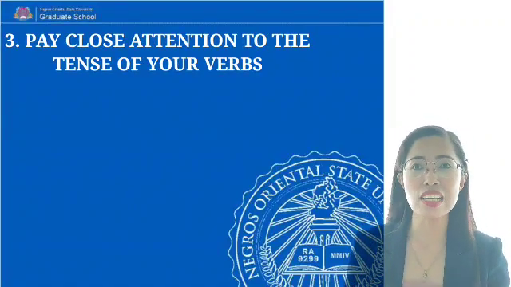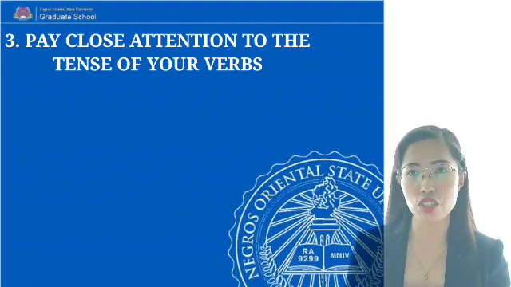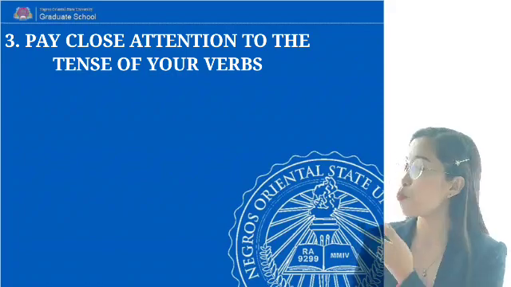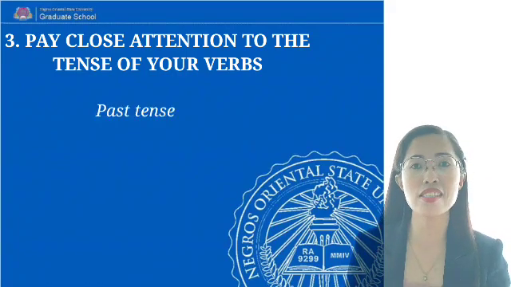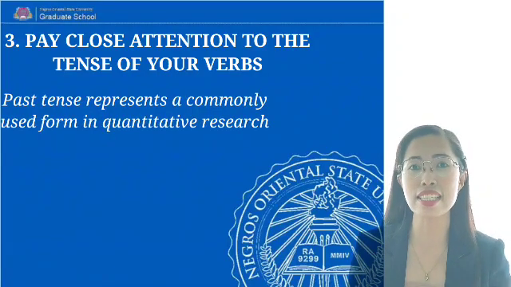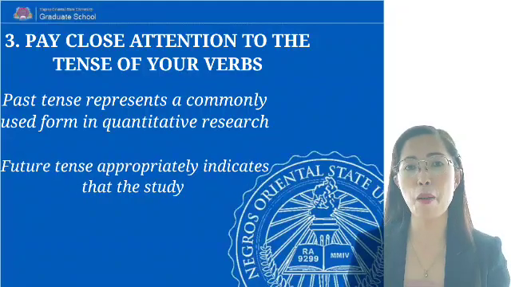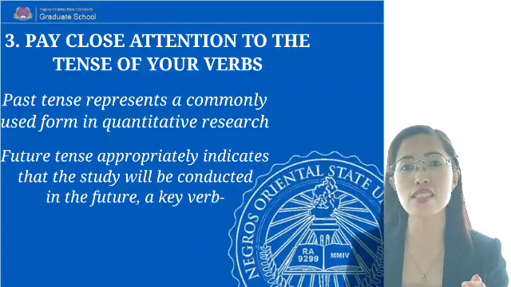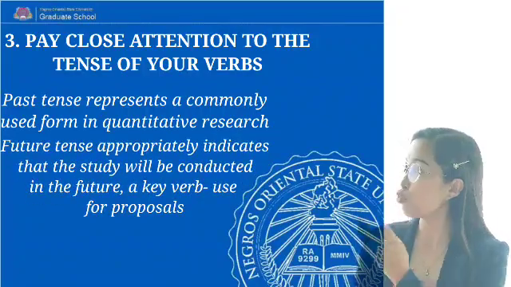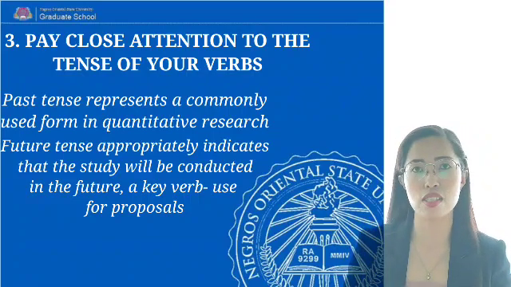A common practice exists in using the past tense to review the literature and report results of past studies. The past tense represents a commonly used form in quantitative research, while the future tense appropriately indicates that the study will be conducted in the future, a key verb used for proposals.